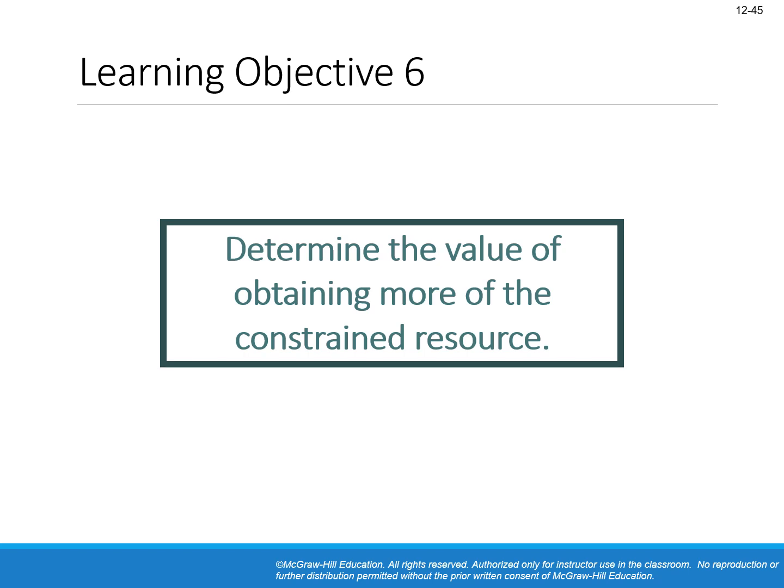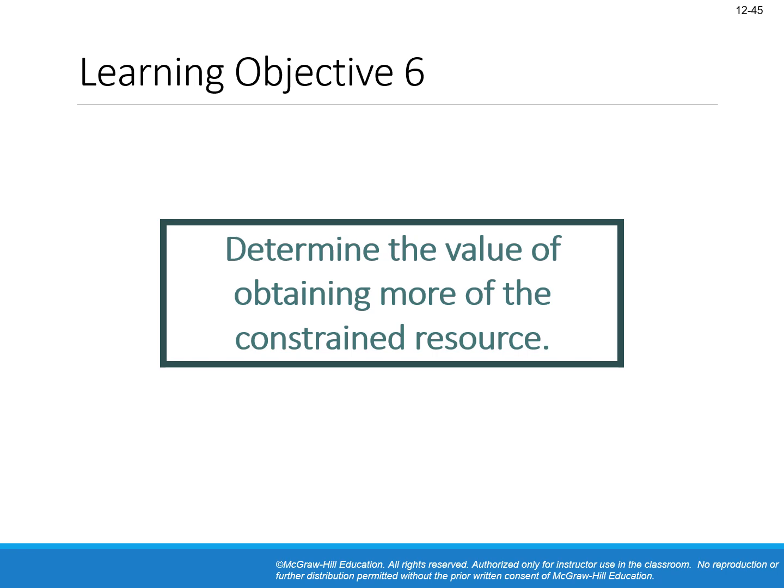In the sixth learning objective, we will determine the value of obtaining more of a constrained resource. So, for example, in the previous question, we were short on a few minutes to satisfy the rest of the demand of product 2. What is the maximum amount I'm willing to pay to satisfy the rest of the demand? It should be the contribution margin per minute, which is $24.